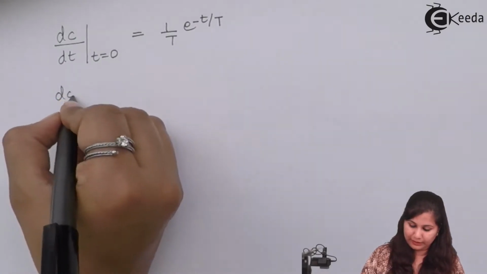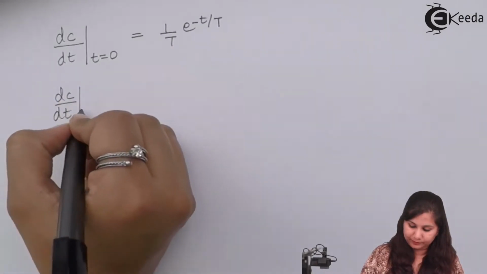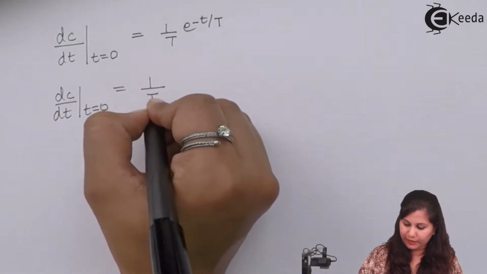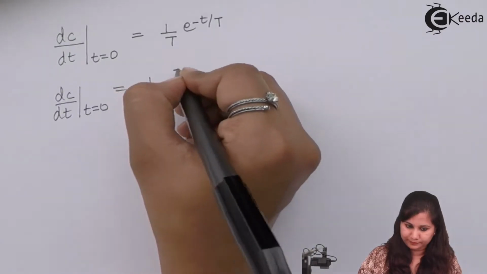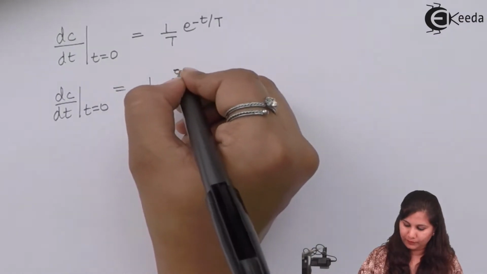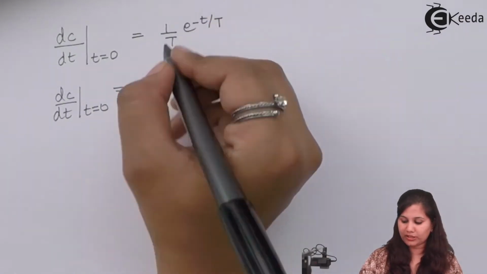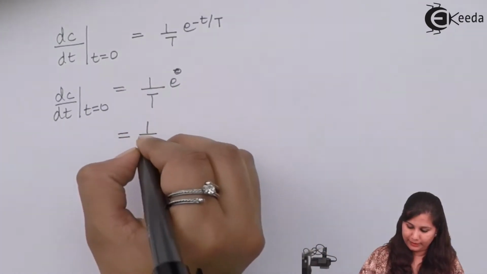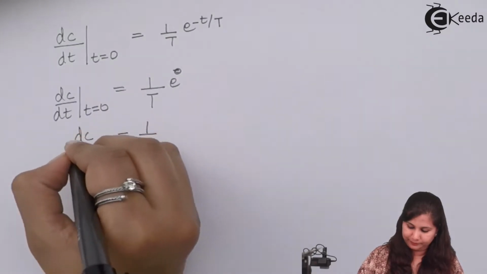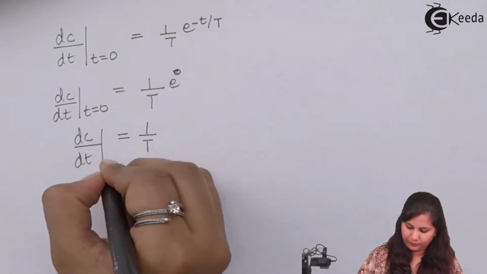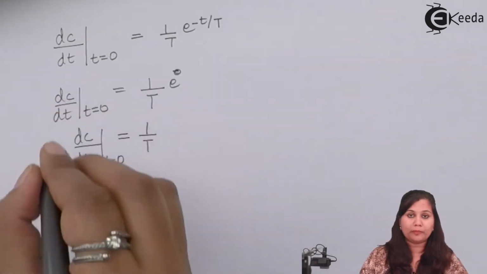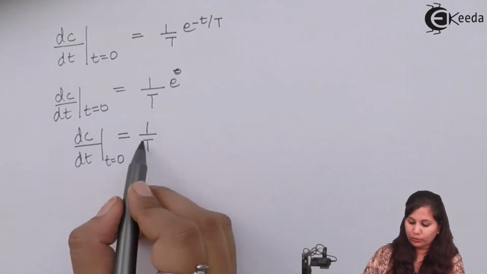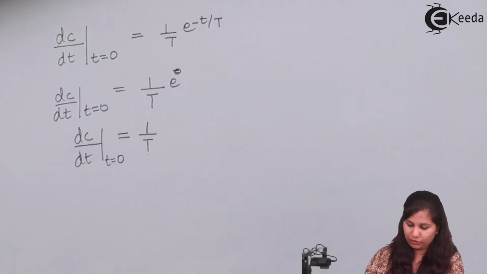So dc by dt at t equals 0, we put t as 0, and it will come out to be 1 by T. So the slope at time t equals 0 is equal to 1 upon the time constant.